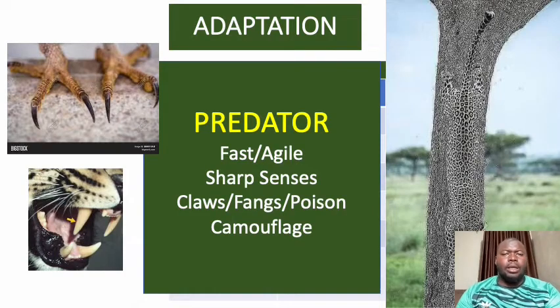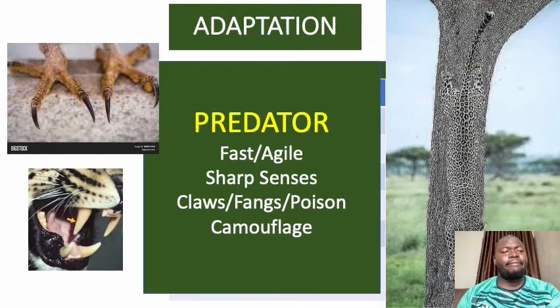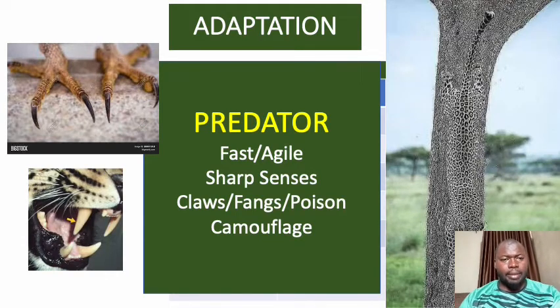Now, we have adaptations for both the predators and the prey. One of the adaptations for predators is speed and agility. Most predators are very fast and very agile when it comes to attacking their prey.